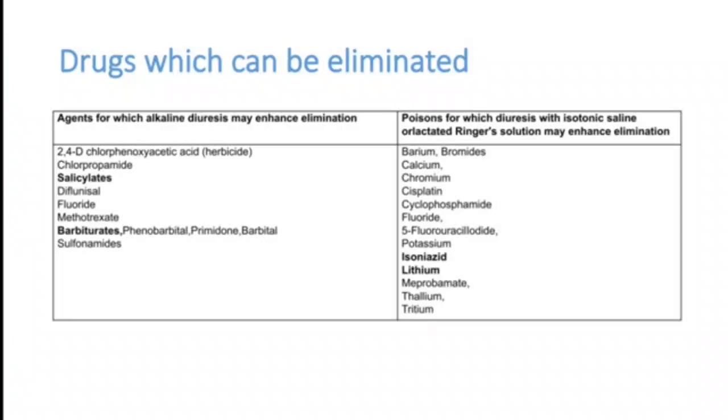Poisons for which diuresis with isotonic saline, that is normal saline or Ringer lactate solution, may enhance the drug elimination are barium, bromide, calcium, chromium, cisplatin, cyclophosphamide, fluoride, 5-fluorouracil, potassium, isoniazid, that is a TB drug, lithium, that is an antidepressant or mood stabilizer drug, and thallium, tritium, all these things.